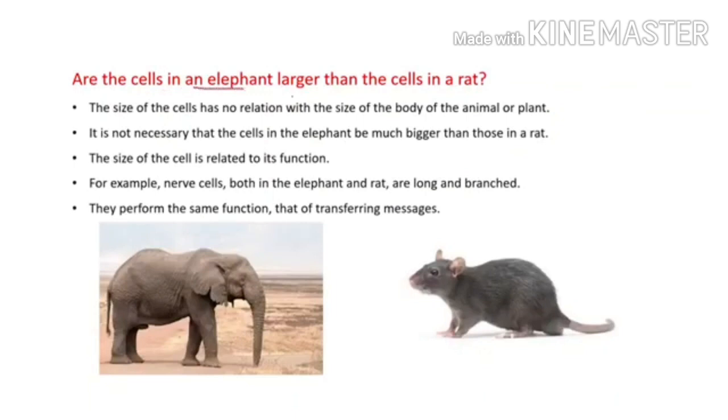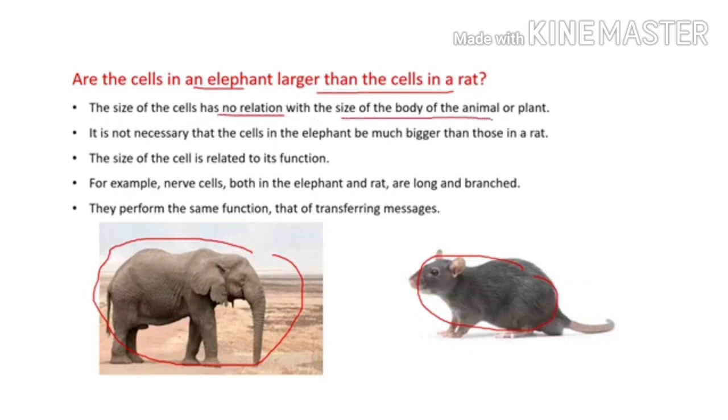The next question arises in our minds: are the cells in an elephant larger than the cells in a rat? It's a question really to think about. Actually, the size of the cells has no relation with the size of the body of the animal or the plant.